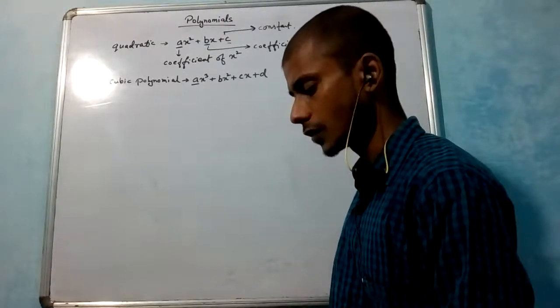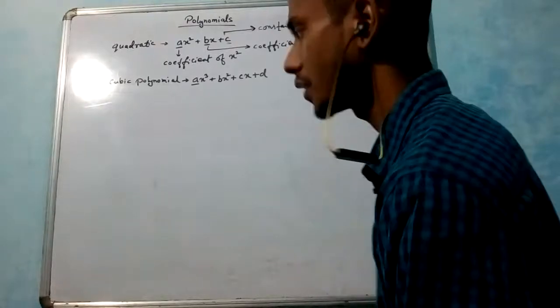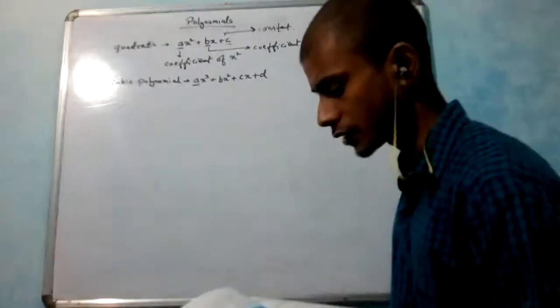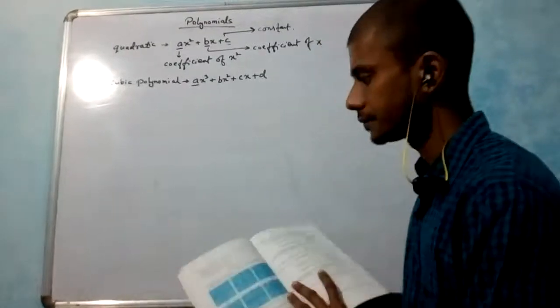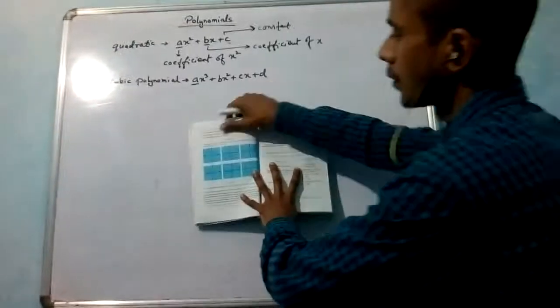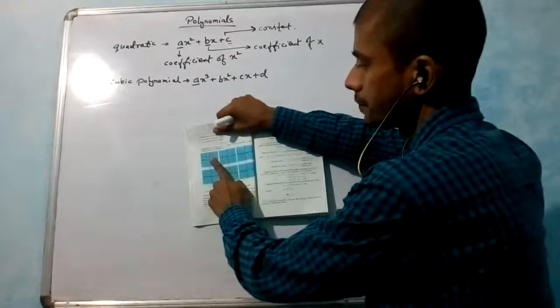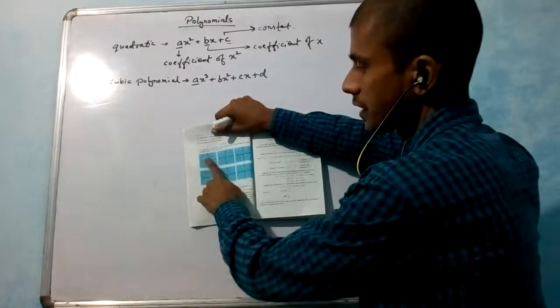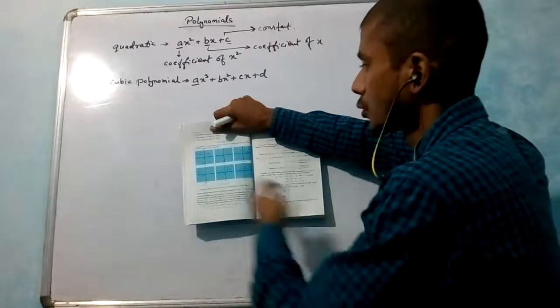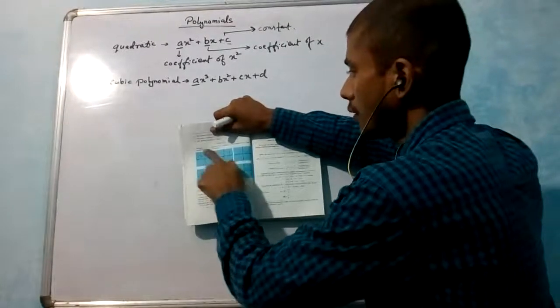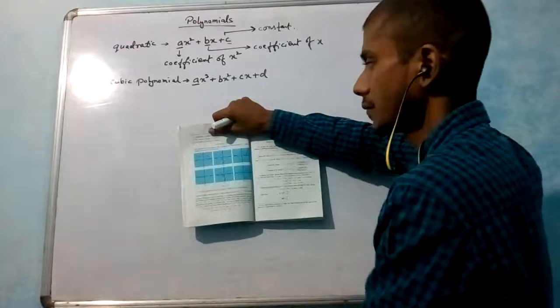We do not know if p(x) is linear, quadratic, cubic, anything. It does not matter. In the first one, we can see a straight line.